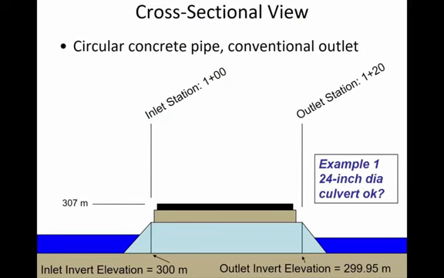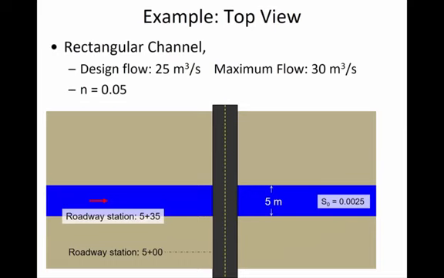If it gets that deep, the computer wants to know how wide the roadway surface is, because how much water can get over that road depends on what the road is made out of, since there's a roughness implied in that, the length of a weir, the width of the obstacle, and so on. So that's why we are defining the geometry of the road, in case the water overtops the culvert.